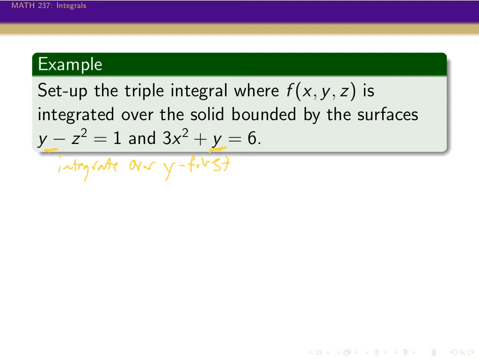Okay, so let's get a quick rough idea of what this is looking like. The first function is y minus z squared equals 1. So we can think about that as being y equals z squared plus 1.